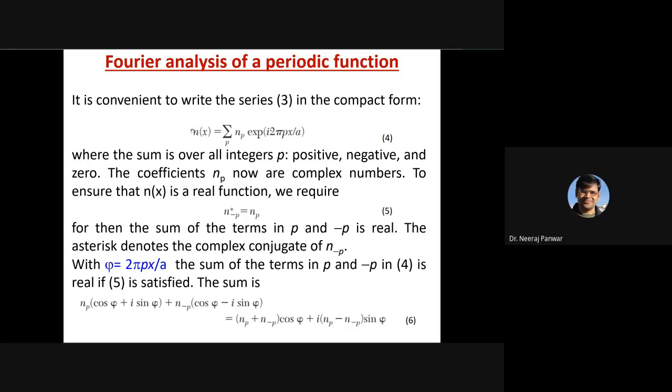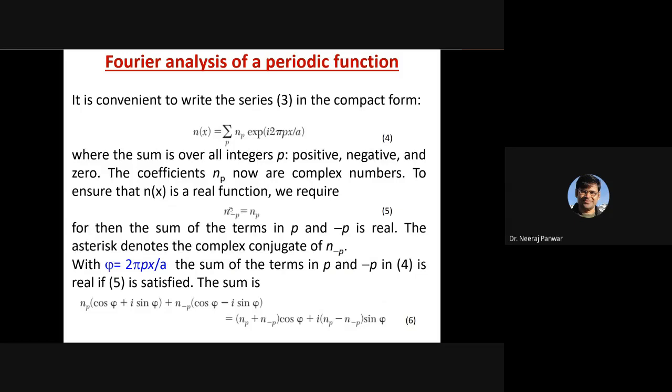It should not be a complex number. The Fourier coefficients n_p are complex numbers. And in order to ensure that this is a real number, this condition must be satisfied: n_p must be equal to the complex conjugate of n_minus_p.